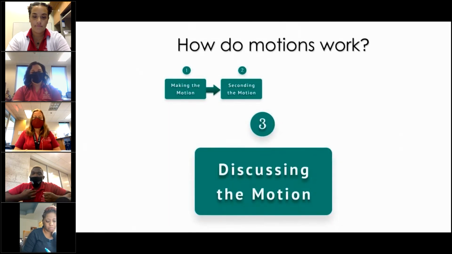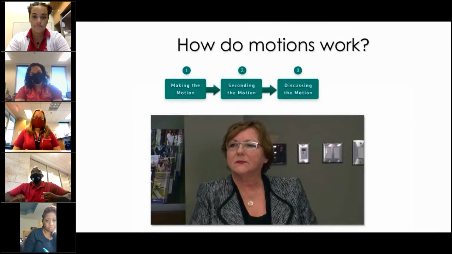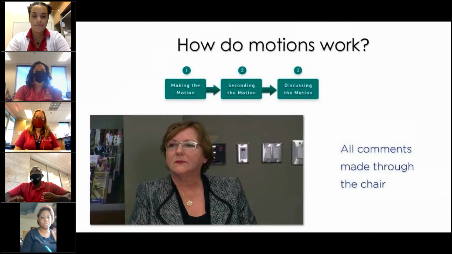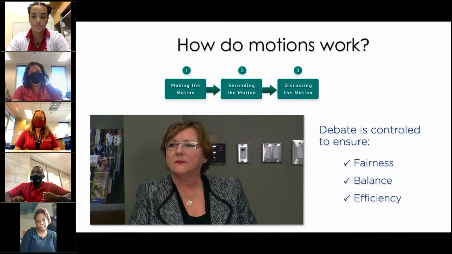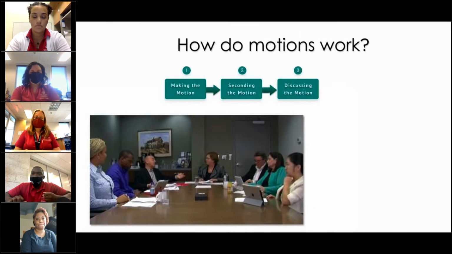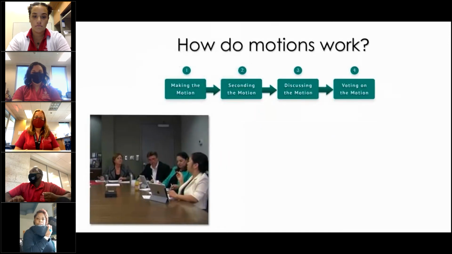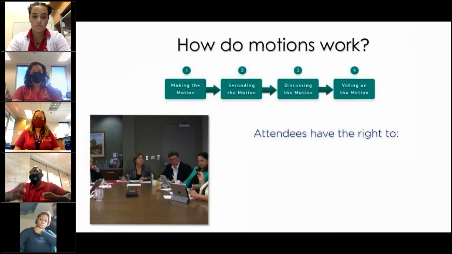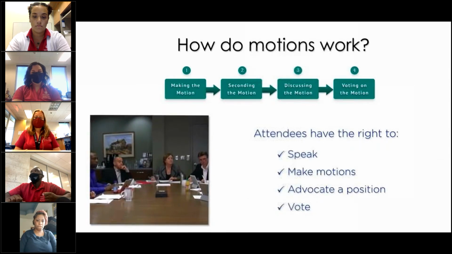After a motion is seconded, the motion is discussed by members of the board. It's the chairperson's responsibility to ensure that all comments are made through the chair and that debate is controlled to ensure fairness, balance, and efficiency. Once the chairperson feels that sufficient discussion has been made regarding the motion, he or she will call for the vote. It's up to the chairperson to protect the rights of each attendee to speak, make motions, advocate a position, and to vote.